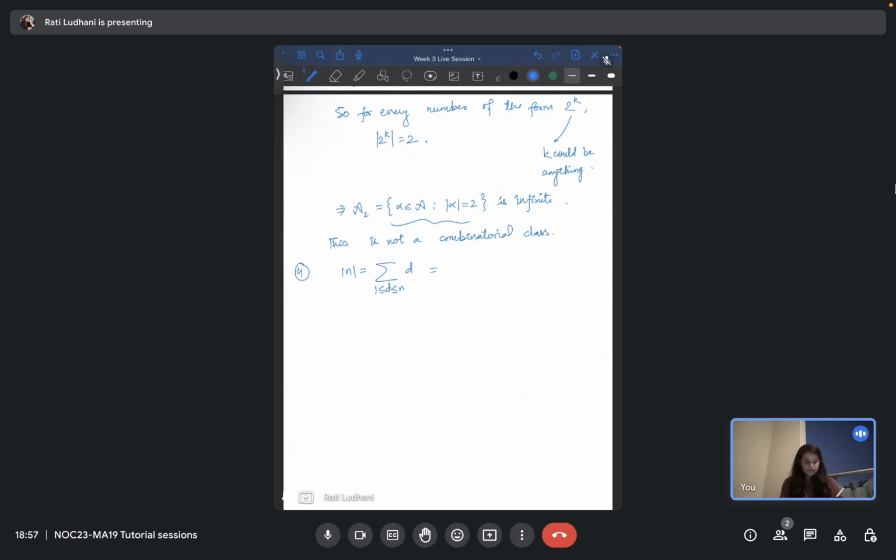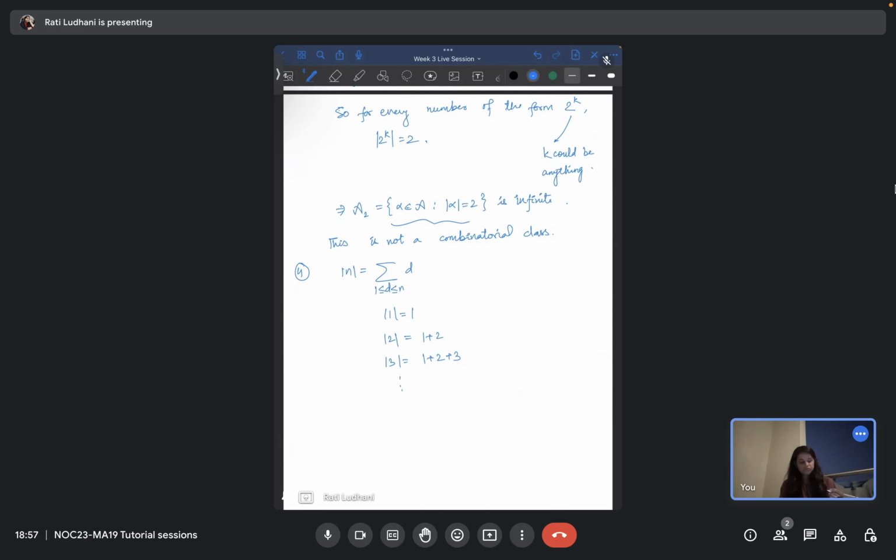So you will have what here? d is from 1 to n, that means, for example, if you have 1, then you will get 1. When you have 2, you will get 1 plus 2. When you have 3, you will get 1 plus 2 plus 3, and so on.